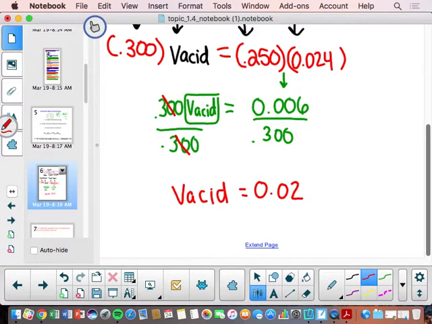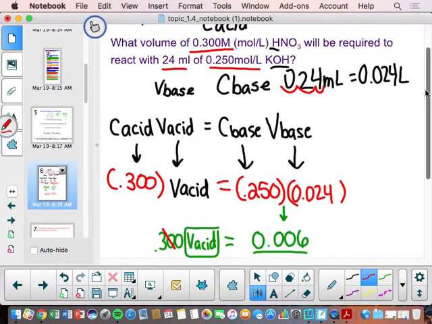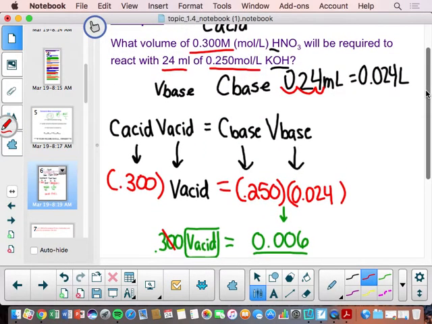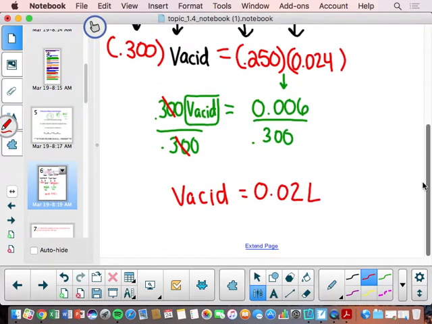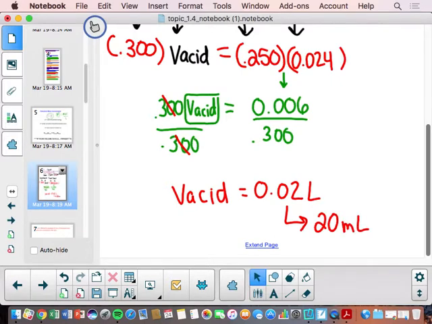And that's a V, so that's a volume, so that's liters. And if we were going to change that into milliliters, because we had milliliters in the front of the question, it was starting out with 24 milliliters, this would correspond to being 20 milliliters. Okay? Just to put it in perspective, if that makes sense.